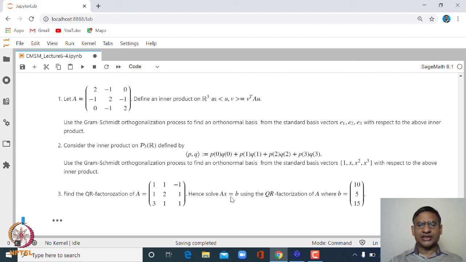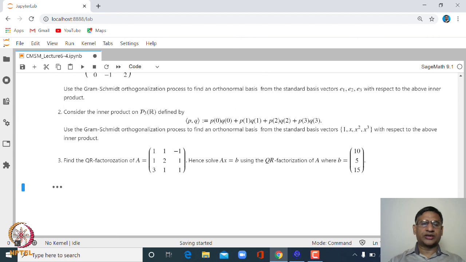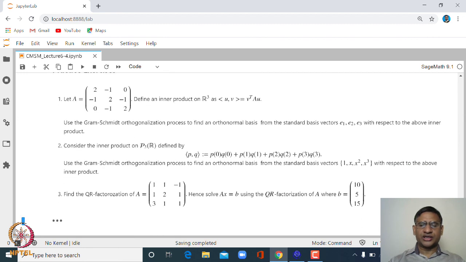So to solve this system of linear equations, it has boiled down to solving an upper triangular linear system, which is quite easy to solve using back substitution. Of course, this may be more expensive than the Gaussian elimination method. However, once you know the QR factorization of this coefficient matrix, then it becomes easier to solve. Okay. So these are a set of exercises. We will look at some more concepts in the next lecture.